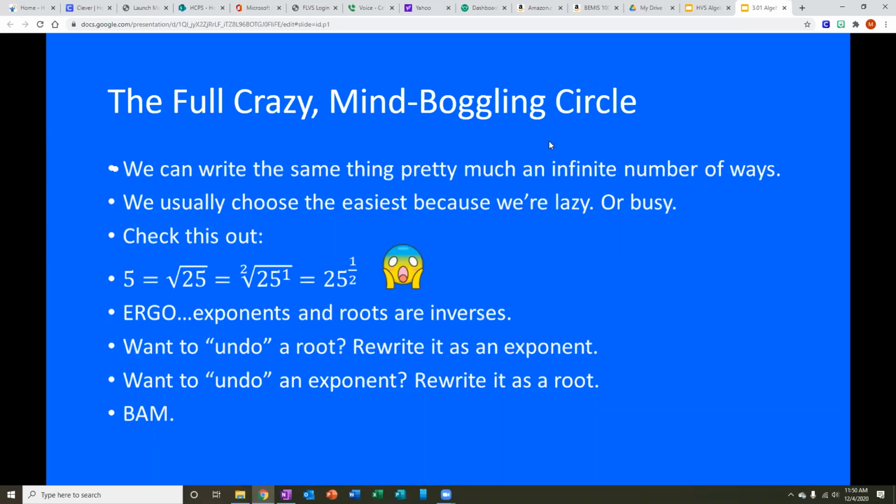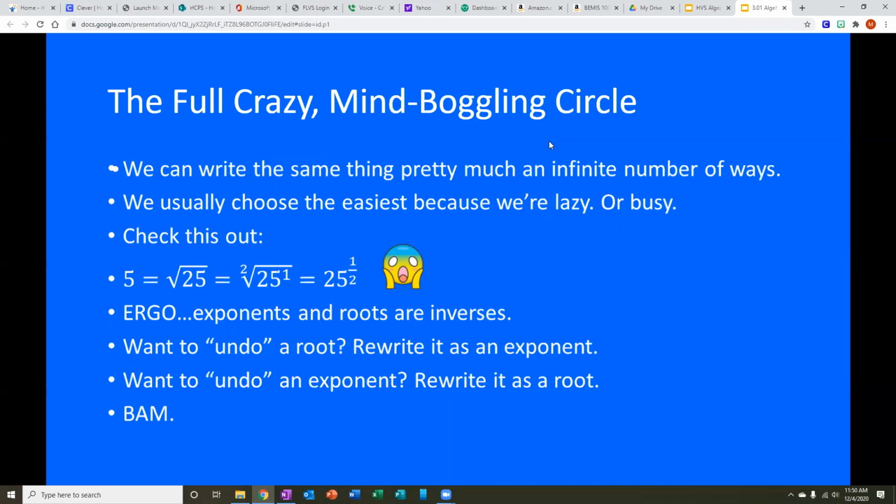This is the rational exponent concept. Anything in math, we can write it an infinite number of ways. We can split stuff up with addition, subtraction, division, multiplication, exponents, square roots, fractions, decimals. We can write stuff almost any way we want. We usually just choose the easiest because we're lazy.